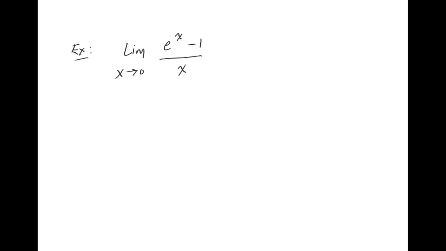If I try to directly plug in 0, I would get e to the 0 minus 1 over 0, which gives me e to the 0 is 1, minus 1 over 0. 1 minus 1 is 0 over 0. It's that same 0 over 0 form that we encountered before.